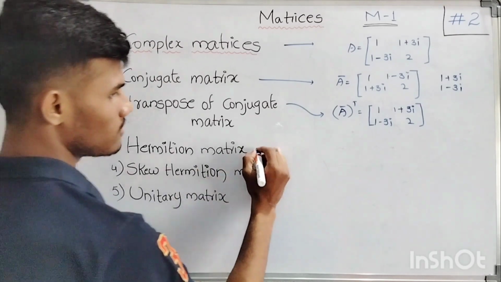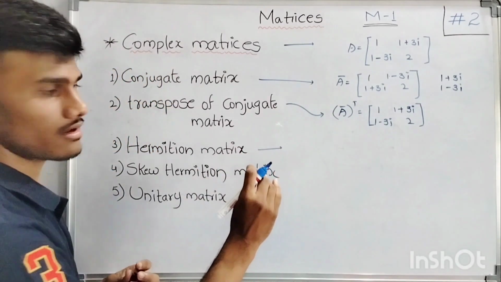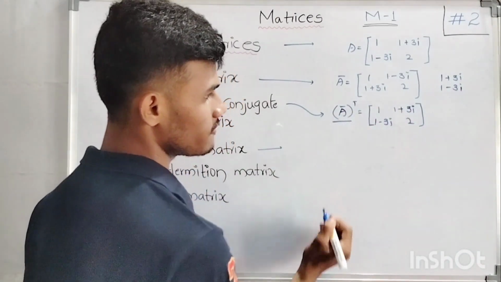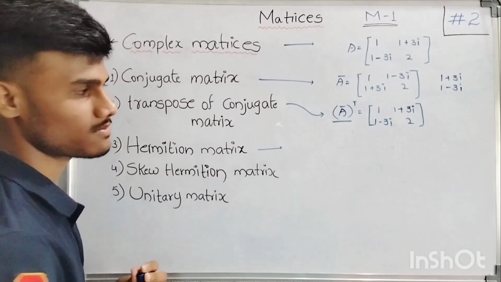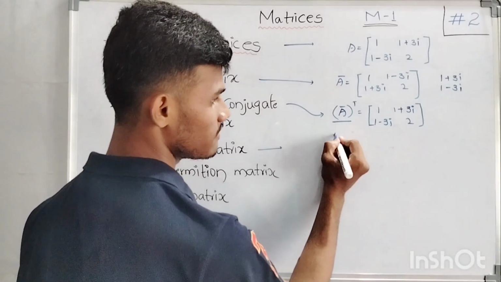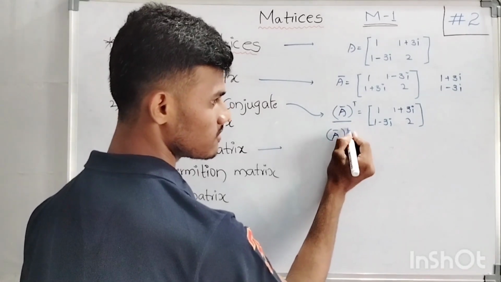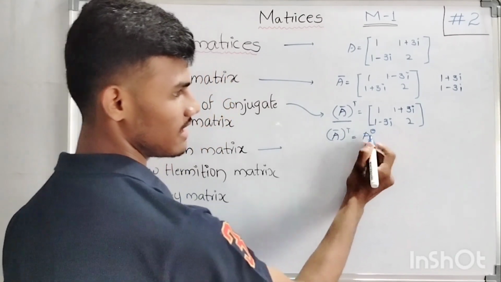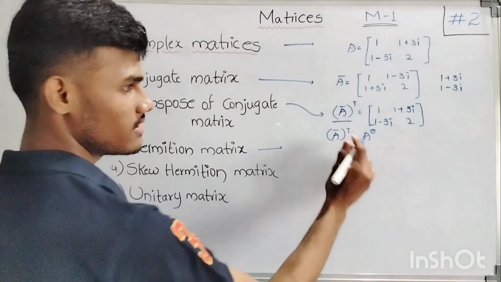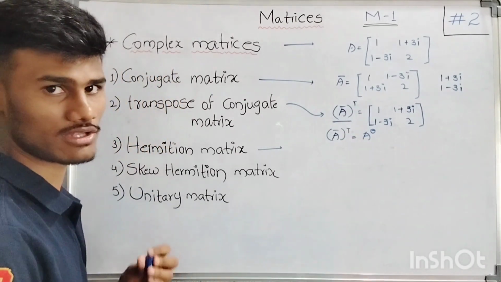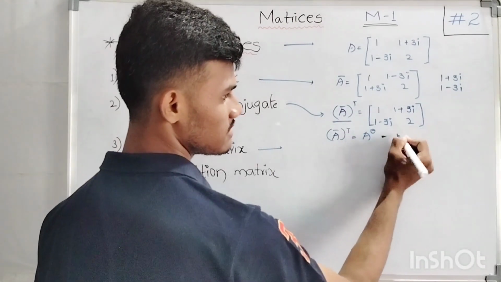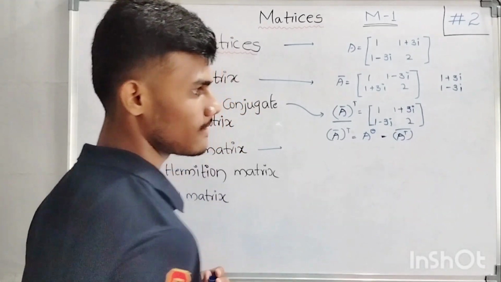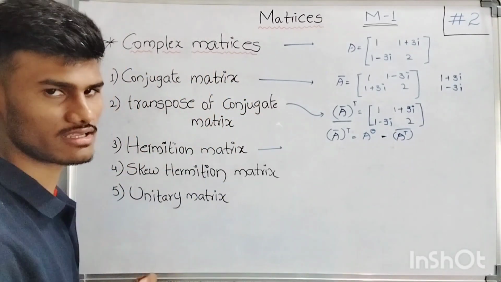Then next, coming to the Hermitian matrix. Before going to the Hermitian matrix, see here, how do we denote the conjugate transpose? We also call it A theta, and we denote it with A theta. And we also denote it as A transpose whole bar.